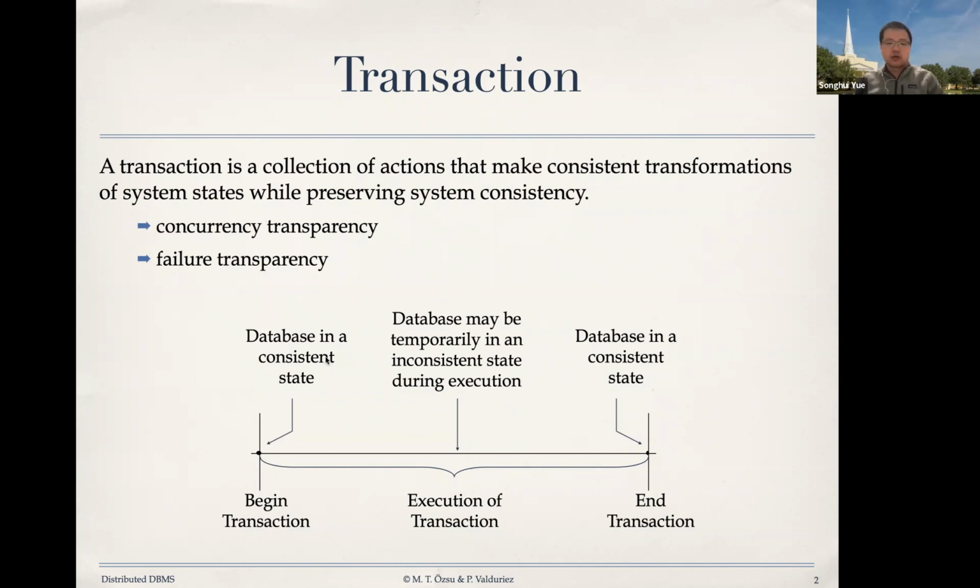There would be a begin transaction, an end transaction, and all the operations can happen in between. In this phase, the transaction will not be bothered by other transactions. And at the start phase and the end phase, the database will be in a consistent state.